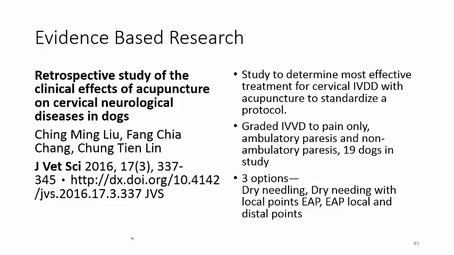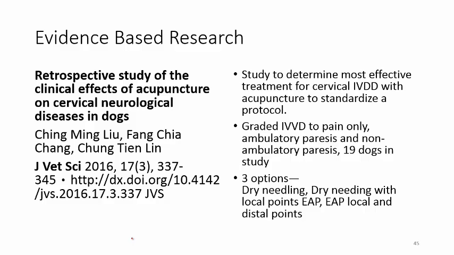And this was a research paper that was put out by Dr. Qingming Liu from Taiwan, who I met, and I hadn't realized that I cited his paper until he came up afterwards and told me that. But anyway, this is a very interesting retrospective study that was done to determine the most effective treatment of cervical IVDD with acupuncture, and it was hoping to standardize a protocol with this, and they did 3 different things.